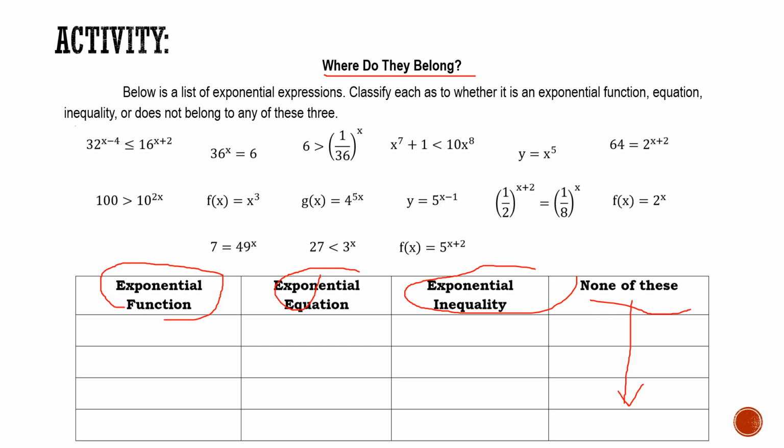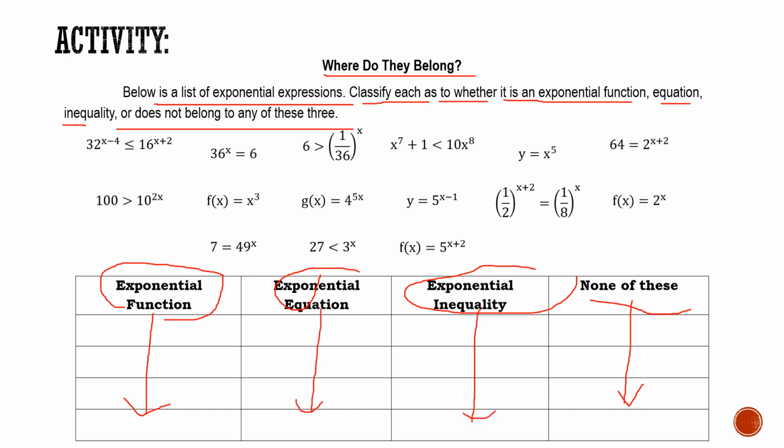So again, below is a list of exponential expressions. Classify each as to whether it is an exponential function, equation, inequality, or does not belong to any of these three. So again, you need to put in your Catleya the module number and the activity number. Then you need to classify.